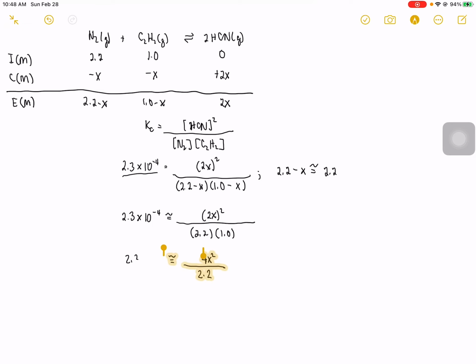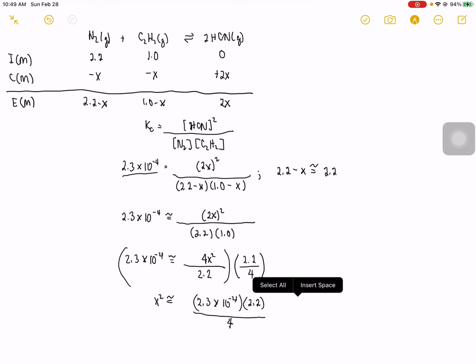And multiplying now both sides of the equation by the denominator and dividing both sides by 4, we can now solve for x squared. So x squared should be approximately equal to 2.3 times 10 to the negative 4 times 2.2 divided by 4.